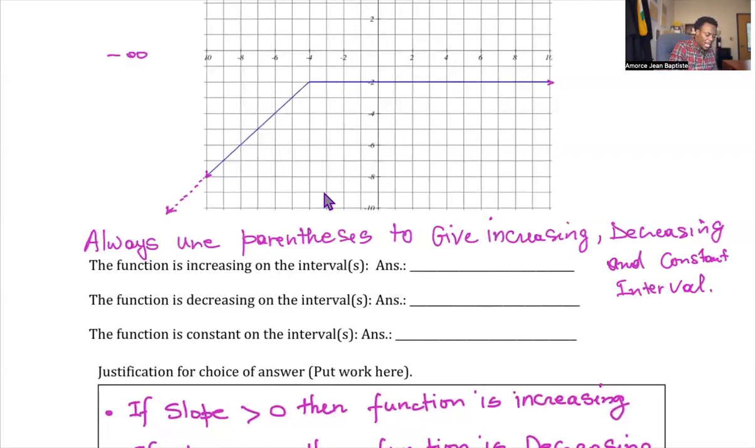Remember, when they ask you to give the increasing interval, they're asking you to tell from what x value to what x value the function is increasing. So let me show this as it's going up. It goes from left to right.